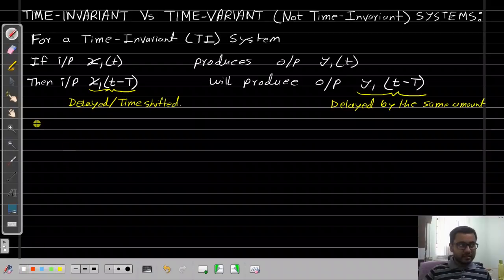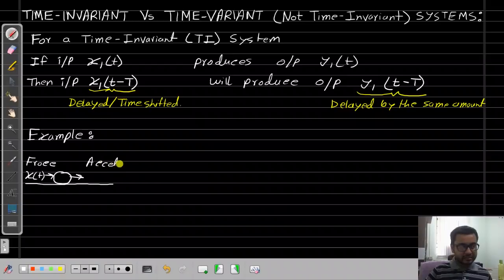Let us take our favorite example, which is this object on a ground, and the input is the force applied on it and output is the acceleration. Or let me take speed as the output to make it more interesting.